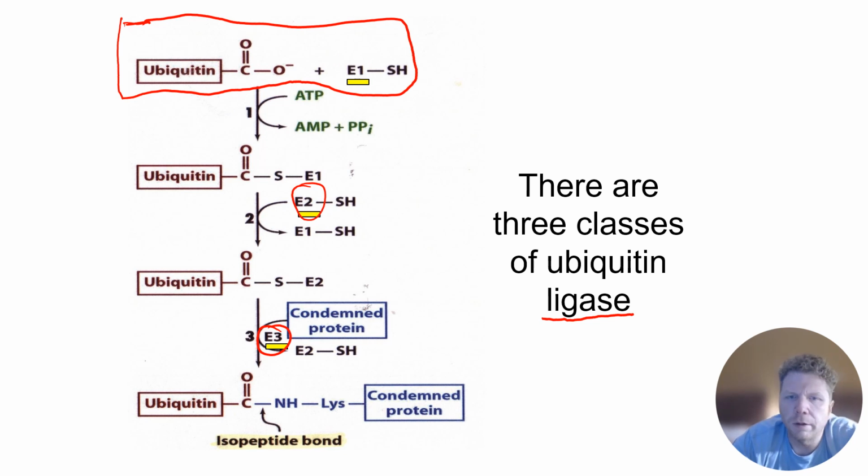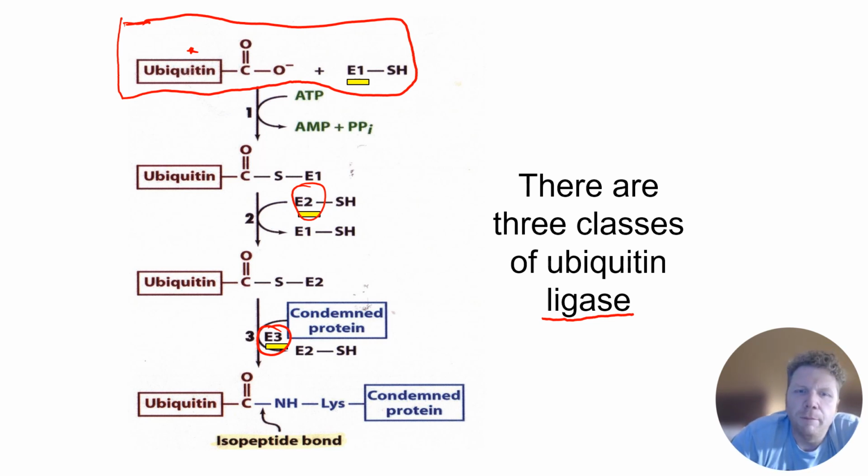So E1 with a sulfhydryl group is going to bind to ubiquitin and ATP. When it binds to ATP, it's going to break one of the phosphoanhydride bonds to release inorganic pyrophosphate, the PPi, so beta and gamma phosphates. And what's left behind is AMP. So we're breaking a high energy phosphoanhydride bond.